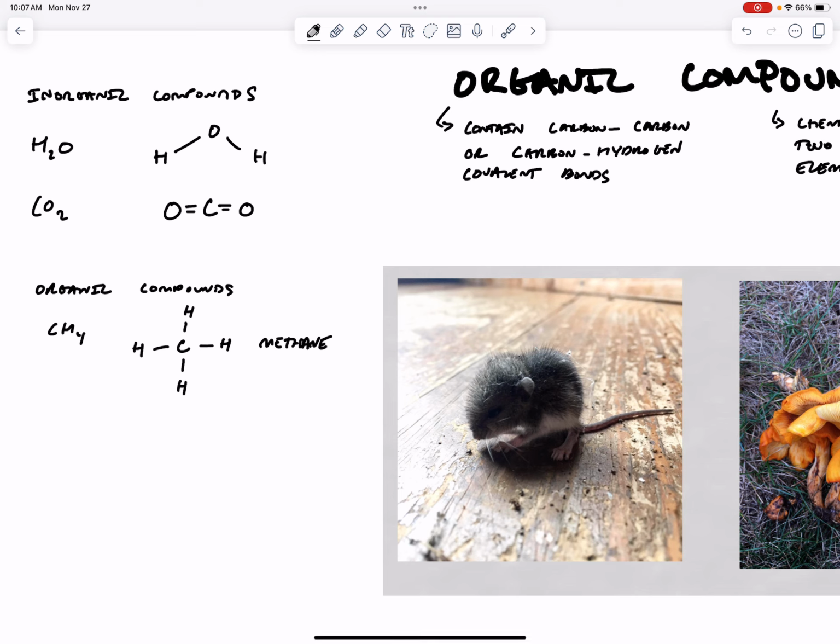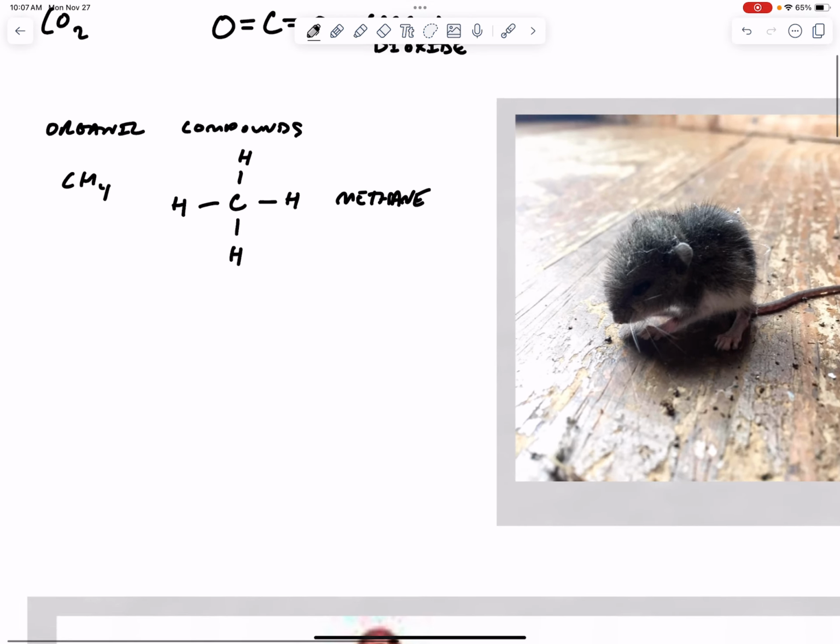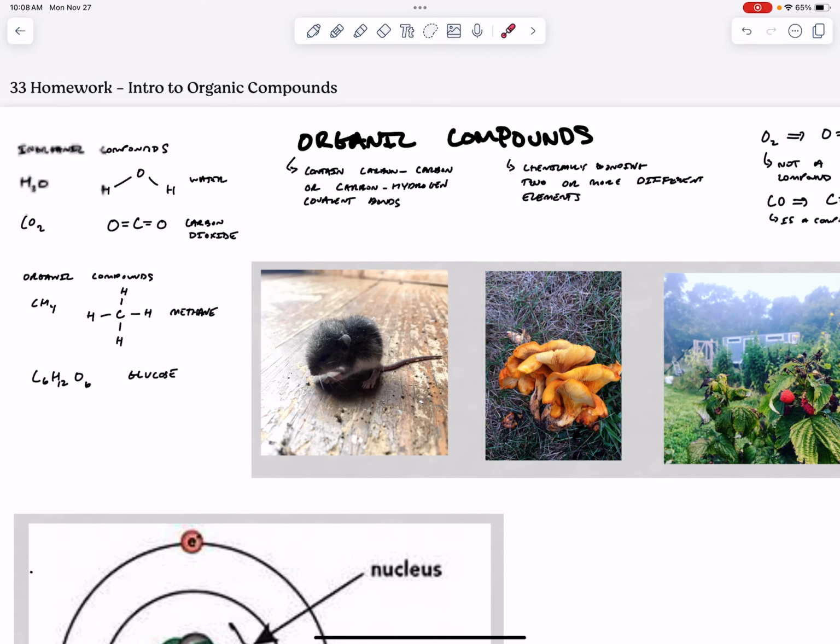I guess we should say this is water. This is carbon dioxide. Or glucose, which is C6H12O6. This is glucose. And I'm not going to draw out the structure, but we are going to build glucose later in the year.